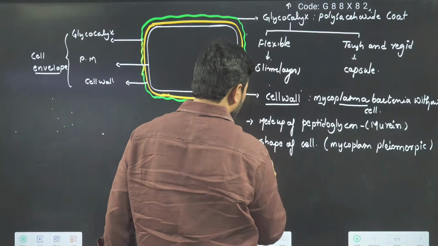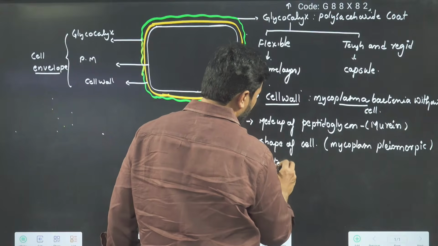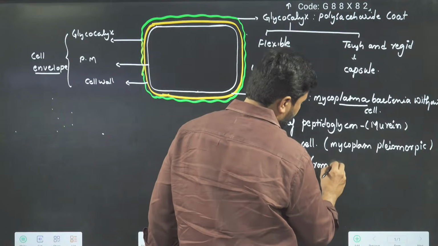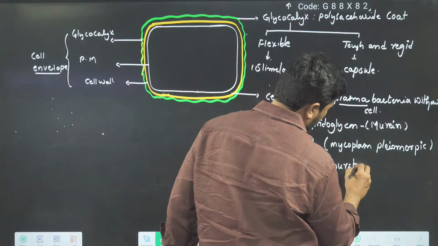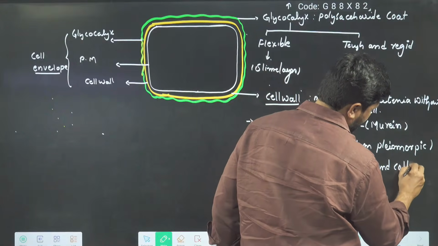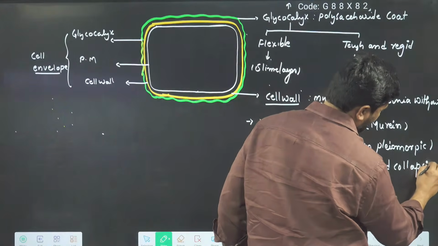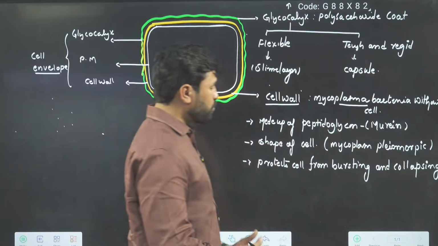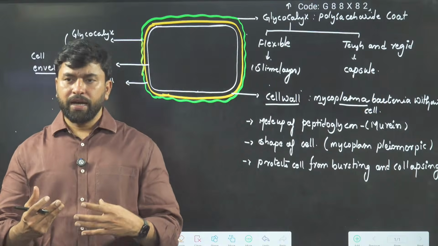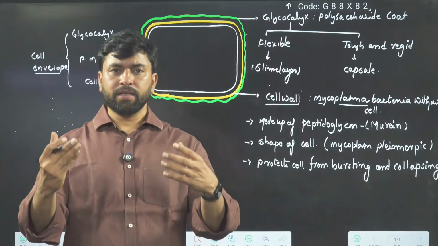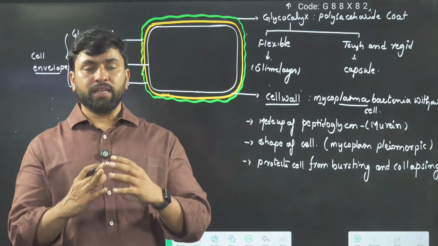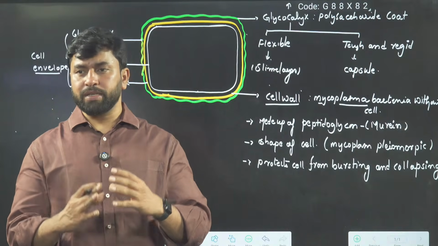Next one, the cell wall protects the cell from bursting and collapsing. What does it mean by bursting and collapsing? Imagine I have taken a cell and kept it in a hypertonic solution. That means around the cell, the concentrated solution is present.